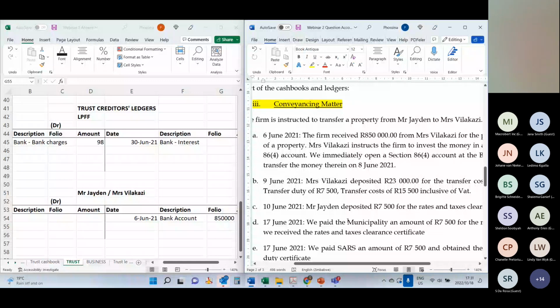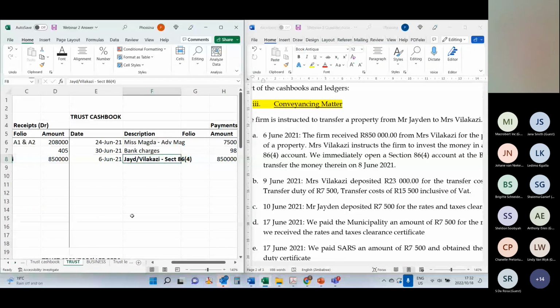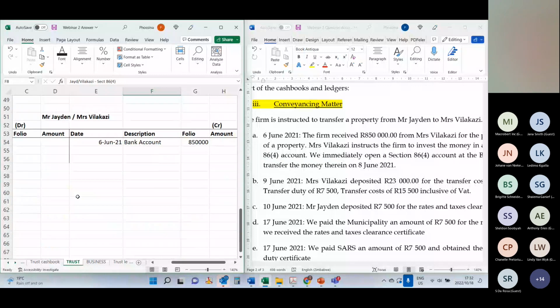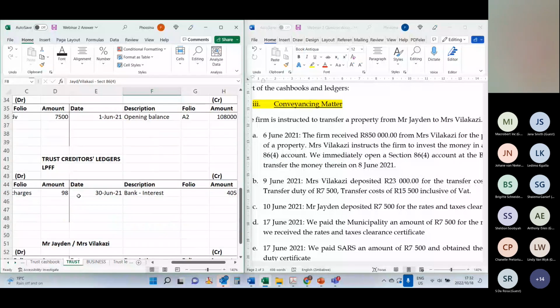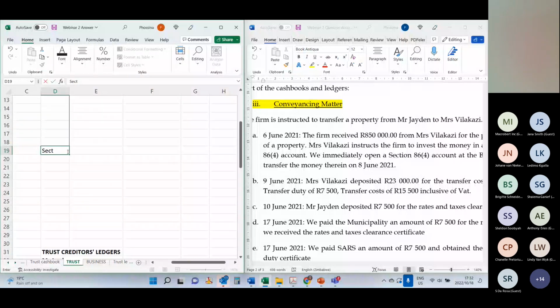So when you balance at the end of the day, what has come this side is the other side, it has been paid out. We are left with a zero, but we then need to record this transaction. Where are we taking the money? We are taking it into an investment account. So I'll create space so that we will create our investment account. It's our Section 86.4, for Mrs. Vilakazi.